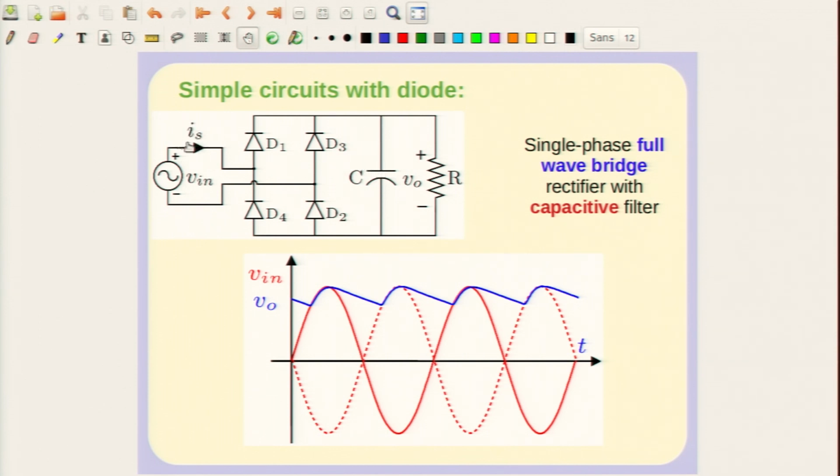You can't actually connect a voltage source directly across a capacitor, because if a capacitor is not charged and you connect a non-zero voltage across it, there will be an infinite impulse in the current.